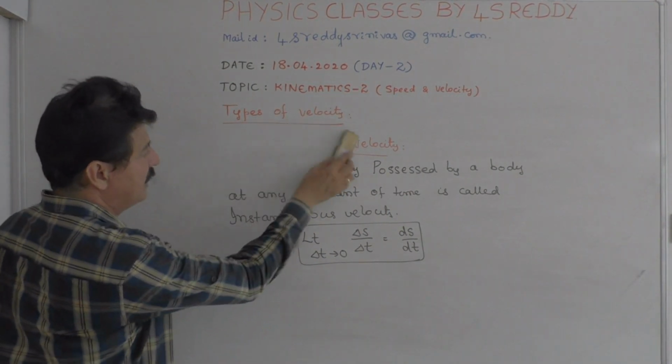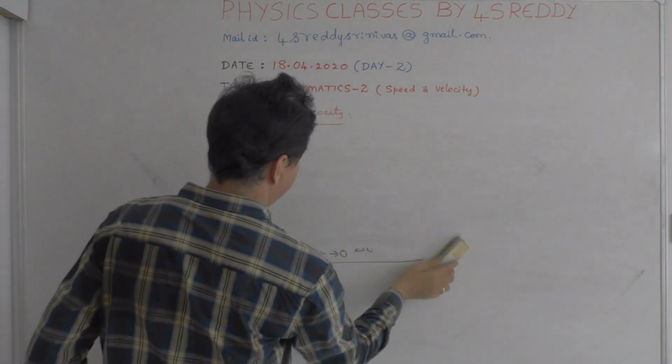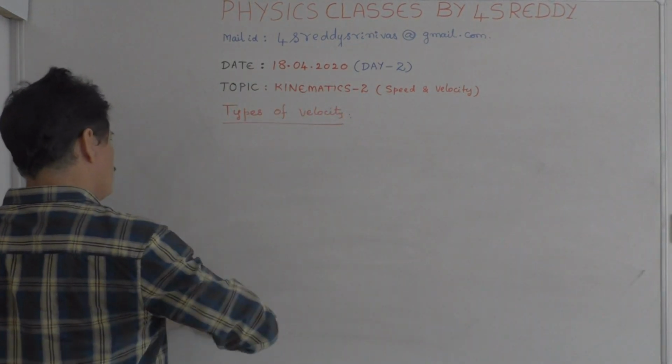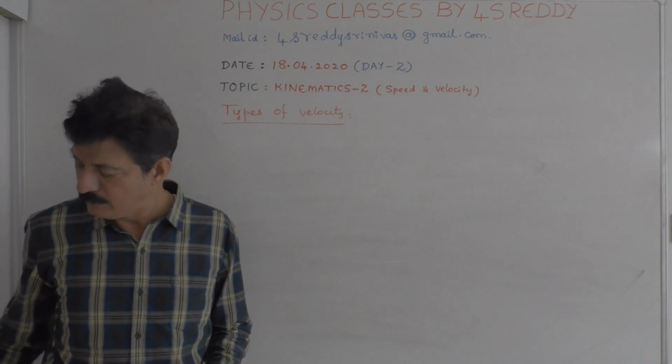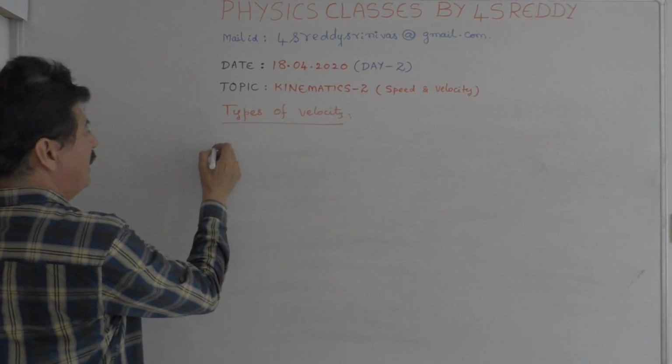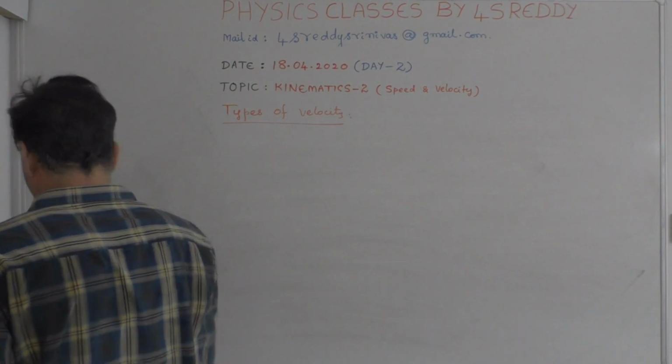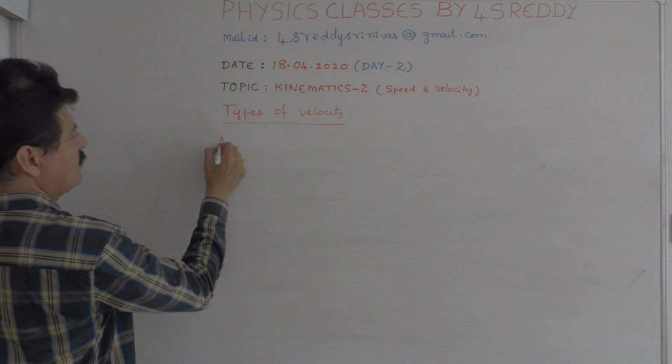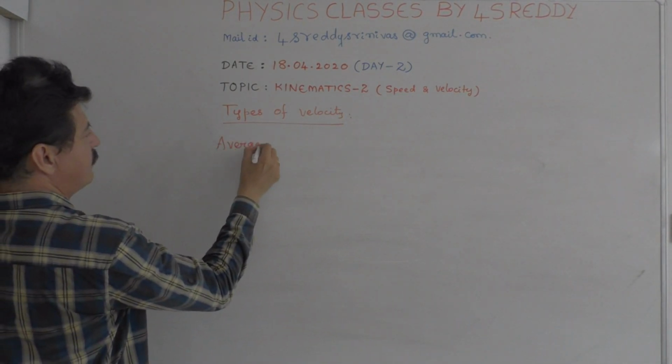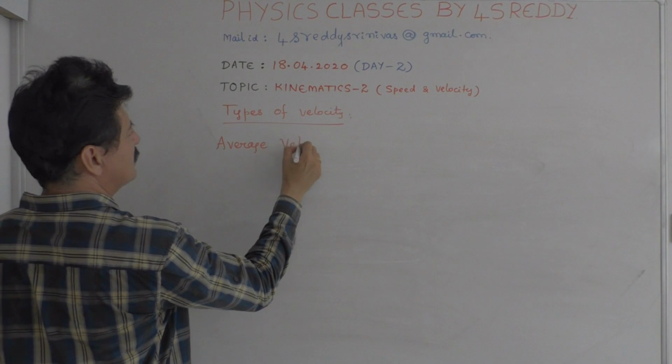Thereafter, we have another definition, simple: average velocity.